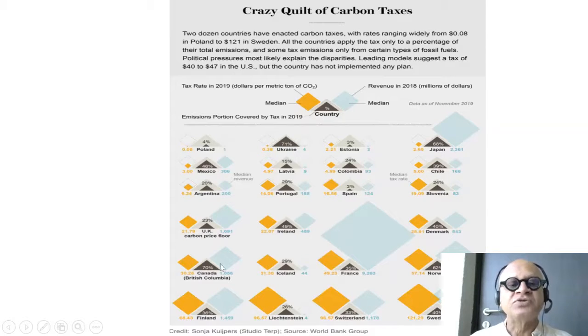Okay, so just look at the incomes. France has a huge median revenue from carbon taxes with a carbon rate of almost $49.23 per ton of carbon. And Sweden is doing pretty well with a much bigger carbon taxation.